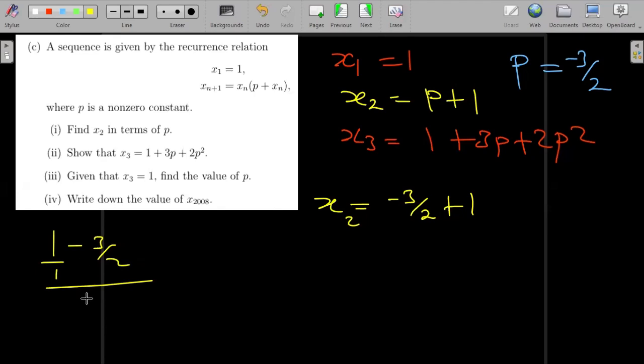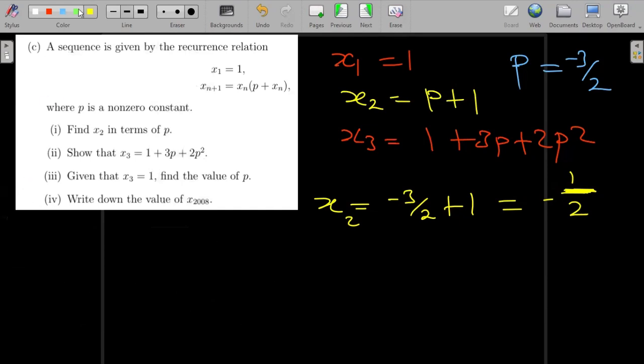So this will be 2 minus 3 over 2, which is minus half. So the value of x2 is minus half.